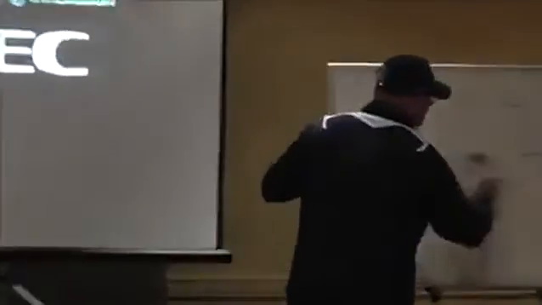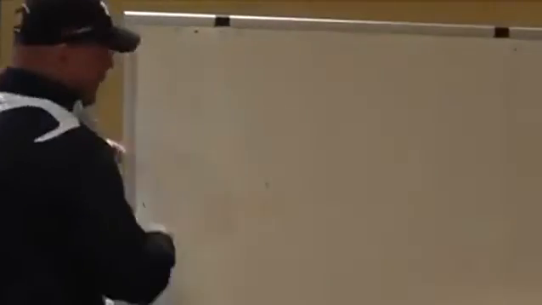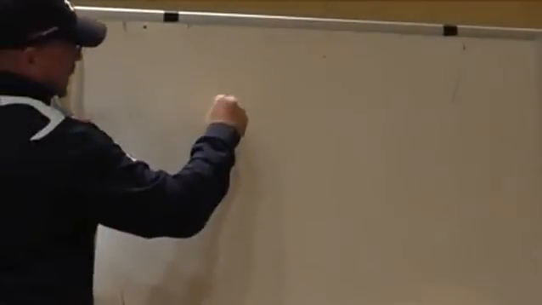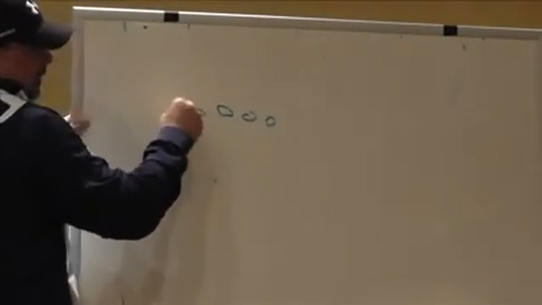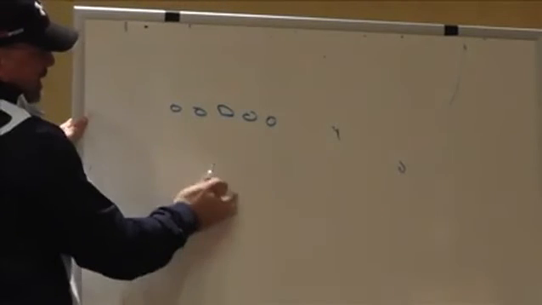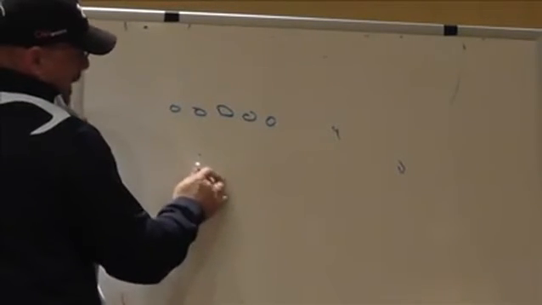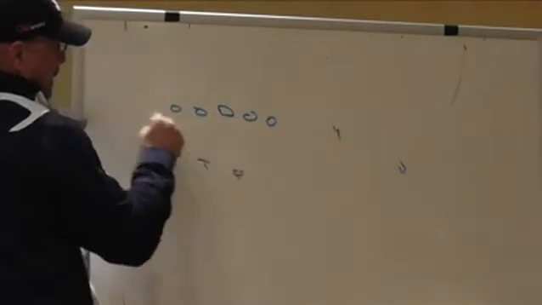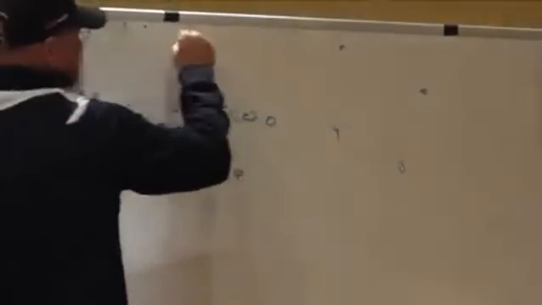like Arizona. This is how Arizona was going to do it. So this is the stuff you're looking for on film: how are they playing me. When we set the back there, they wanted to be a quarters team.